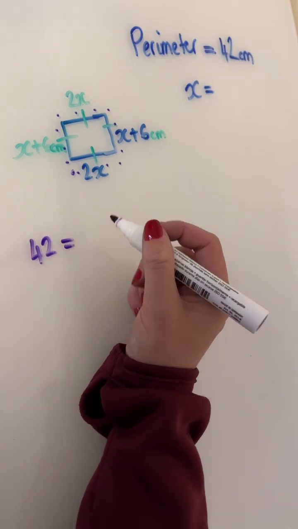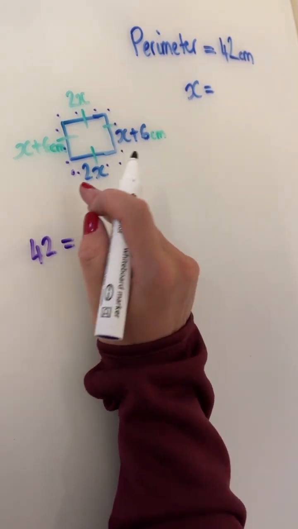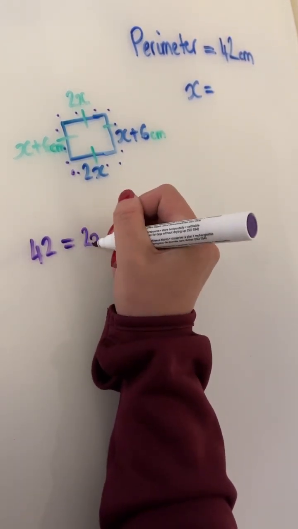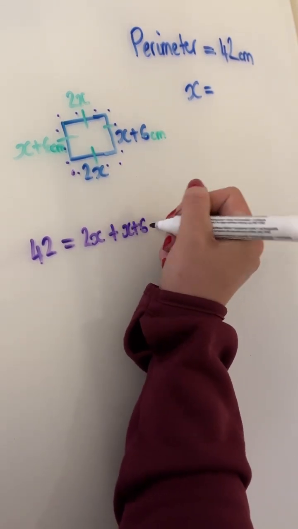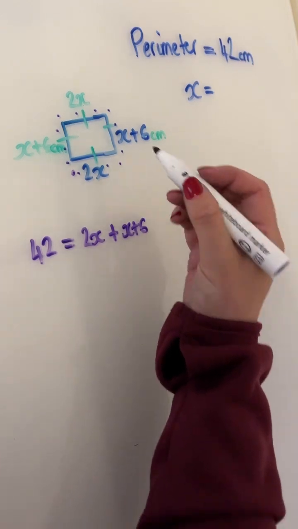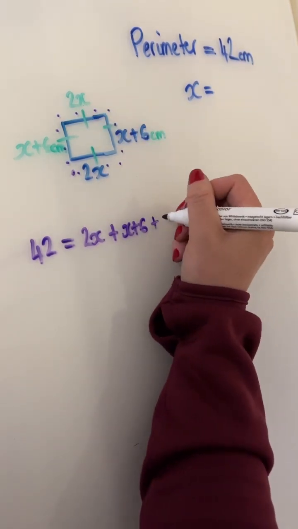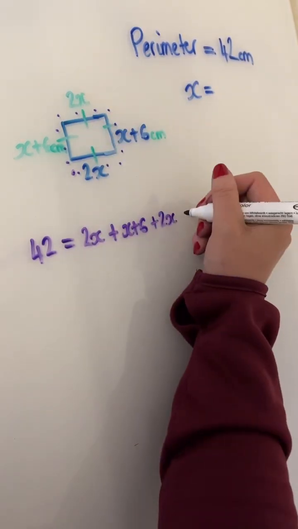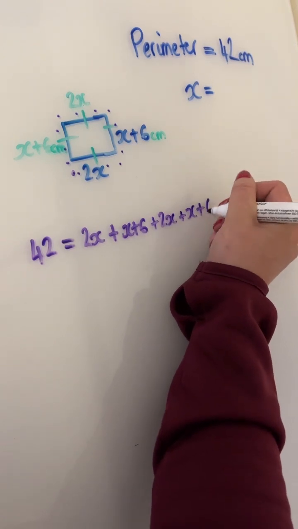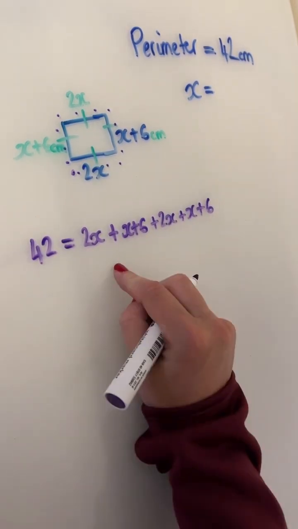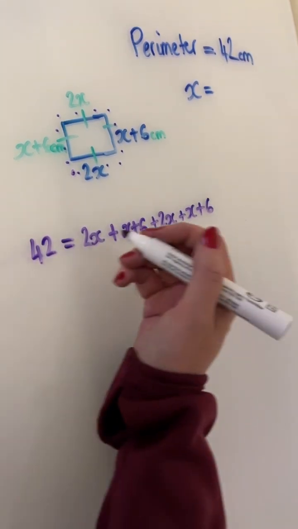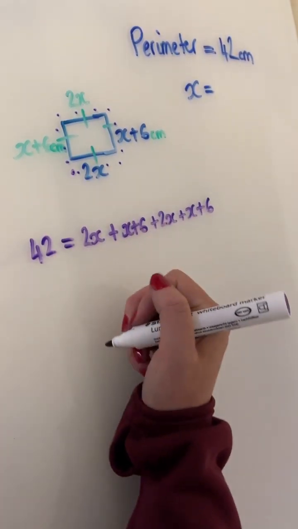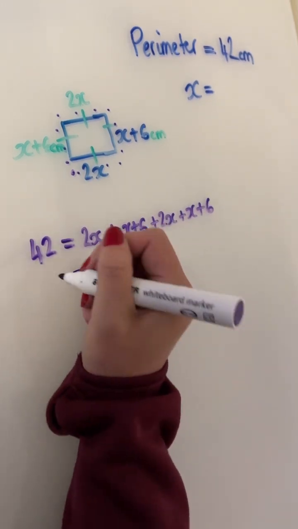So that's what we're going to do, but using algebra. So start here, 2x, add x plus 6, come across here, add 2x, come down, add x plus 6. Now I have left the units out, otherwise this would be massive, but you should really include your units, but as long as you include them at the end it should be fine.